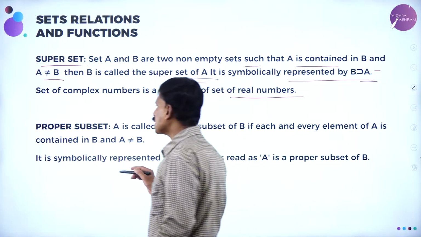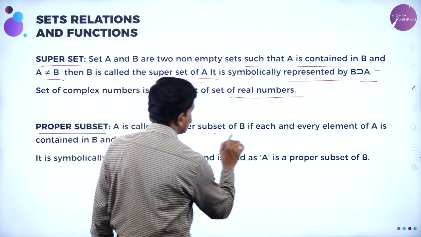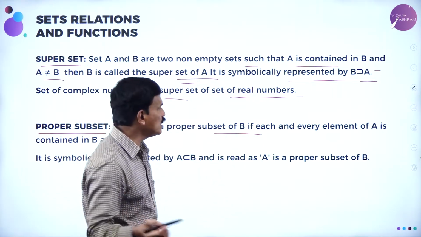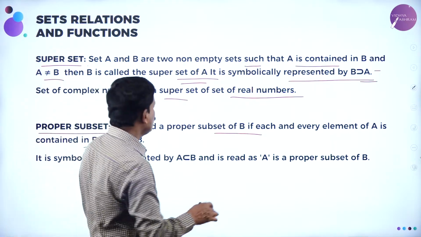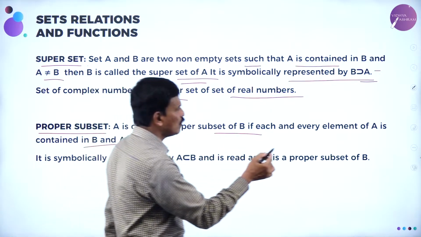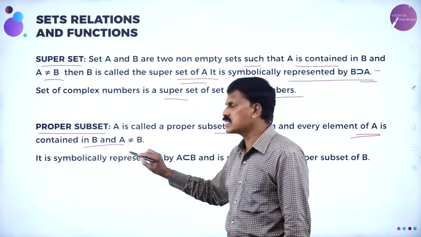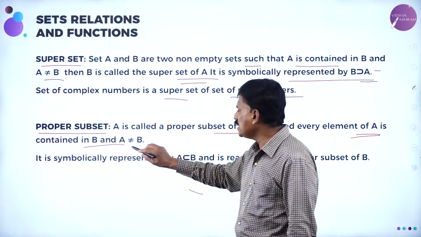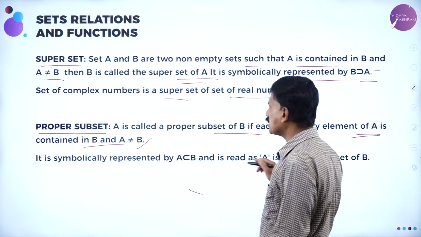Now, proper subset. What is a proper subset? A set A is called the proper subset of B if each and every element of A is an element of B. That means, if each and every element of the set A is contained in the set B and A is not equal to B, then that is called the proper subset.